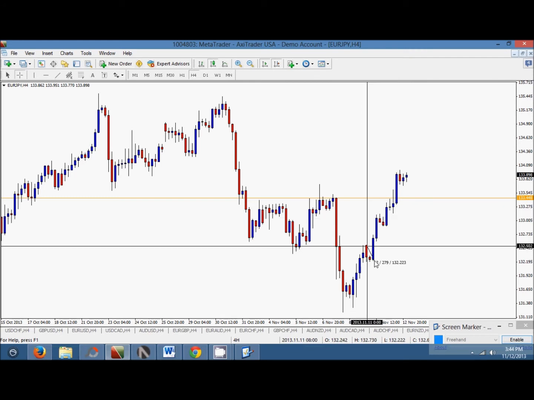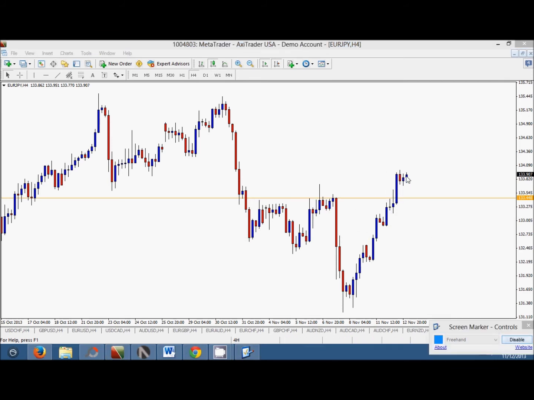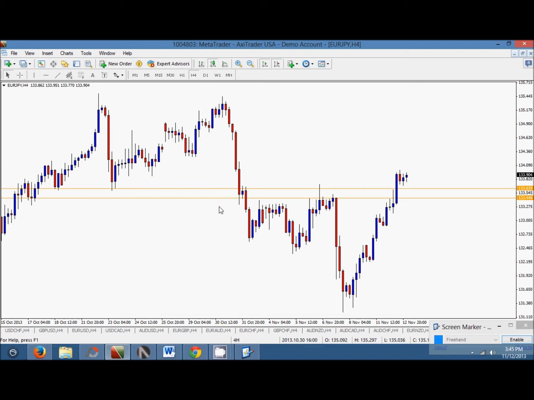This retrace right here was 27 pips. The retrace has been under 30 pips every time, so we shouldn't really expect a 50 pip retrace right here, but if it does, just keep your eye out. But the more ideal thing that we should be looking for is a closer place for retrace. So you can set a new one right in this area right here.